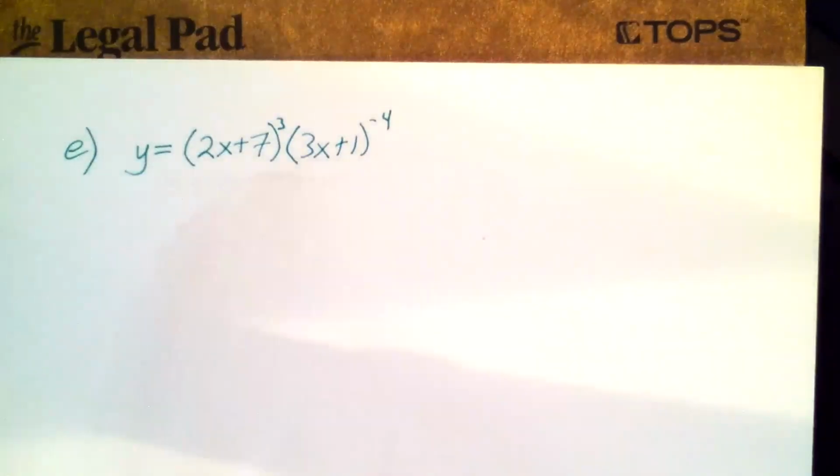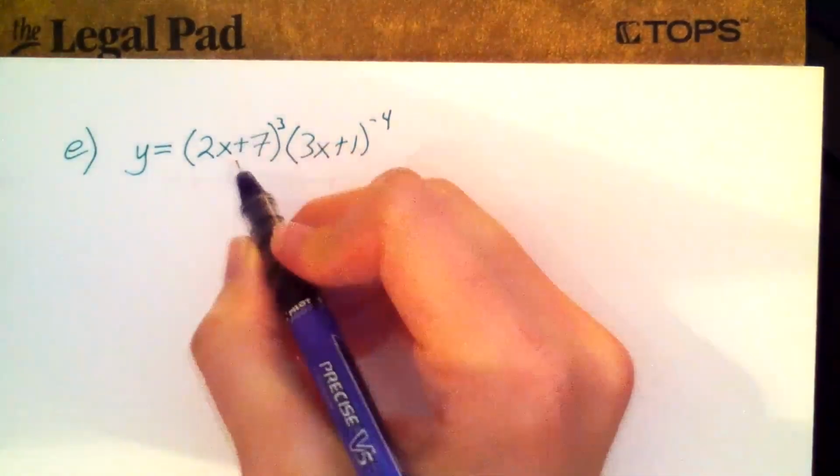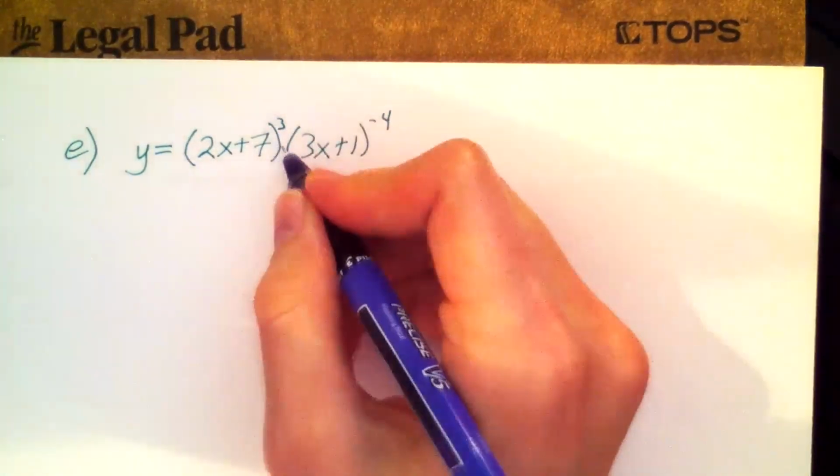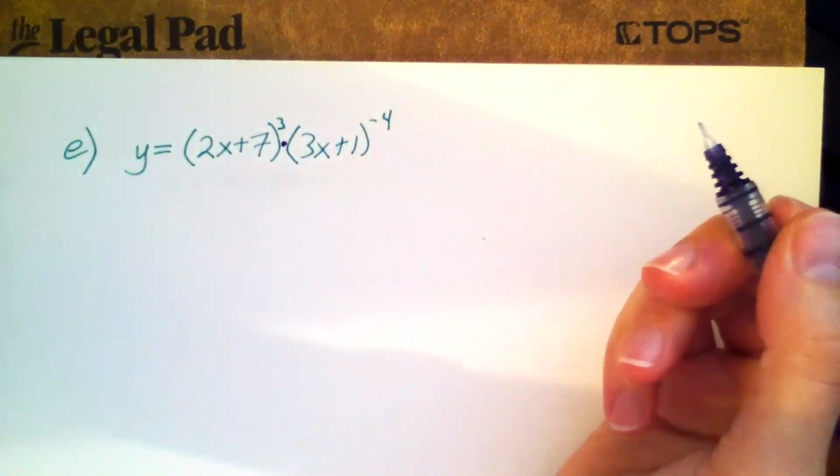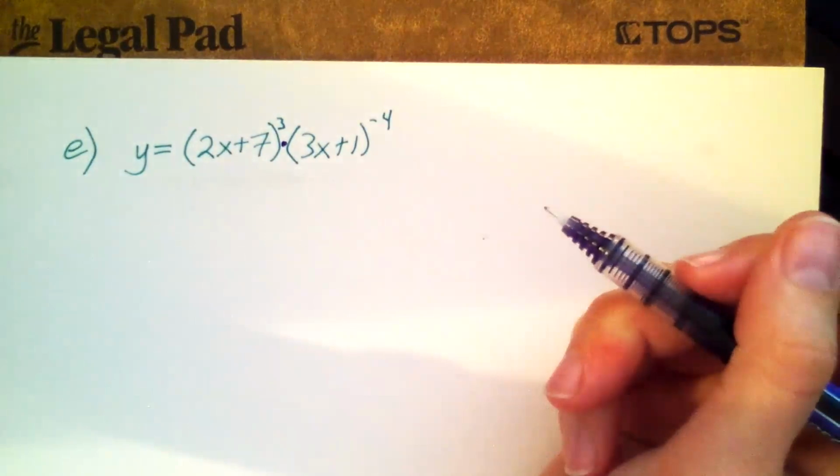When I look at this thing, the first question you always have to ask yourself is, what is the overall form of this function? What derivative rule do I need to start with based off of how it looks? When I see this thing, this is 2x plus 7 cubed times 3x plus 1 to the -4. This is a multiplication of two functions.